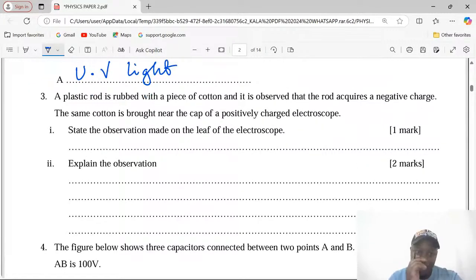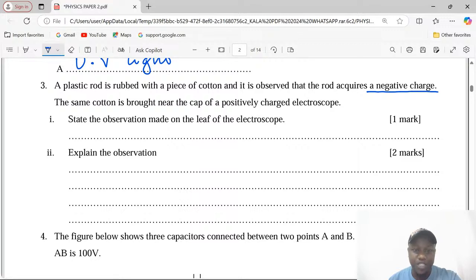Let's check number 3. A plastic rod is rubbed with a piece of cotton, and it is observed that the rod acquires negative charges. The same cotton is brought near the cap of a positively charged electroscope.